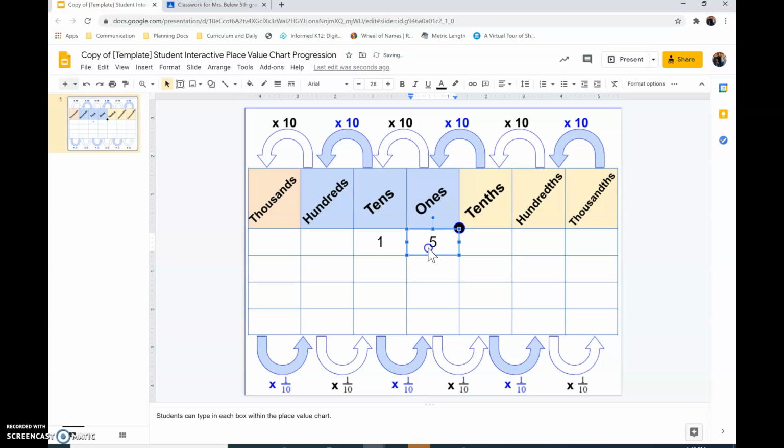Remember, there can only be one digit in each box. 0, 5, 1. So my number is 15 and 51 thousandths. I just say the number like I see it, 51, then I say the place value, thousandths.